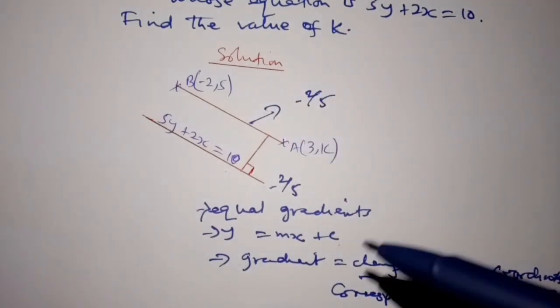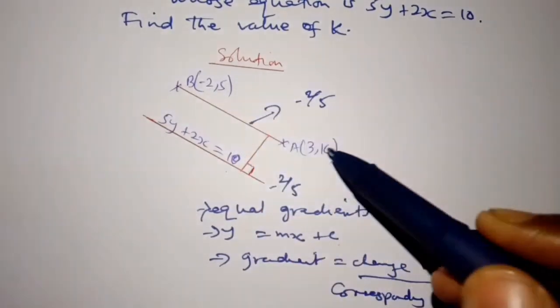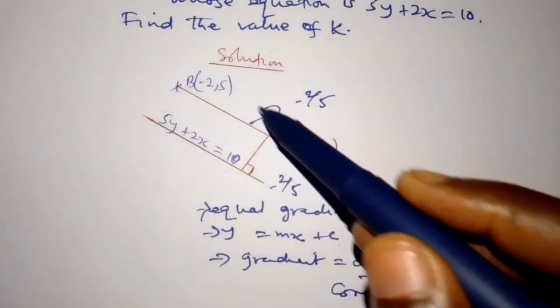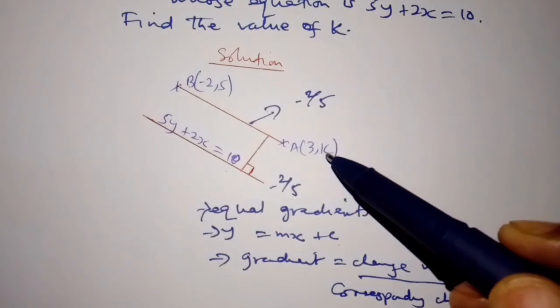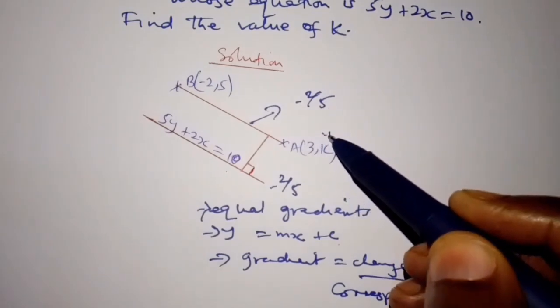Now we can write an equation to find the gradient of this other line.